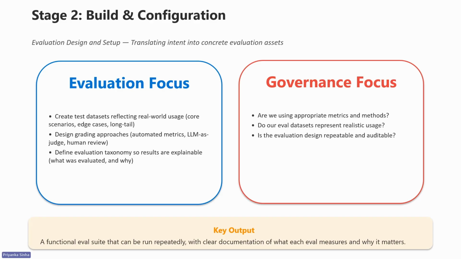You create test data set and reflect real world uses, including core scenarios, edge cases, long tail inputs. And then you design grading approaches, which include automated metrics, LLM, human review, and all. And you define an evaluation taxonomy so that results are explainable, what was evaluated, how, and why it matters.